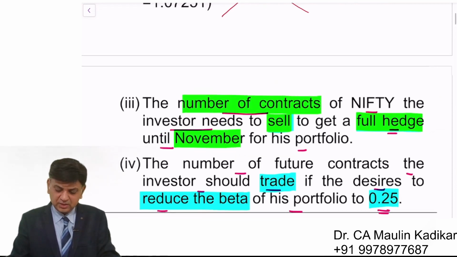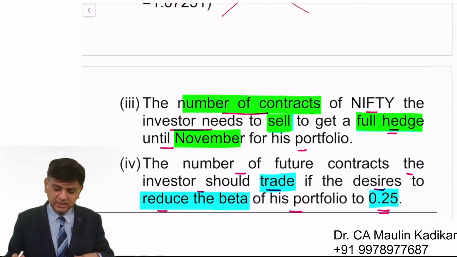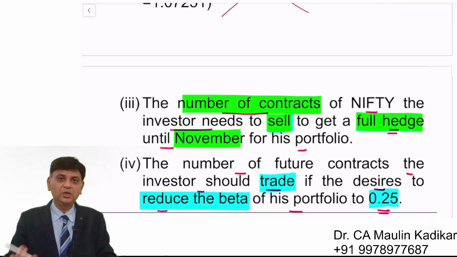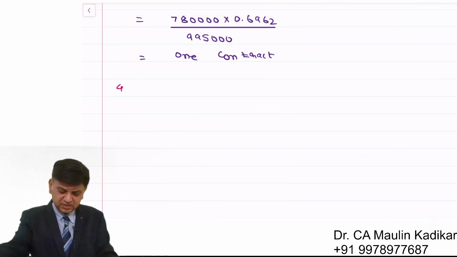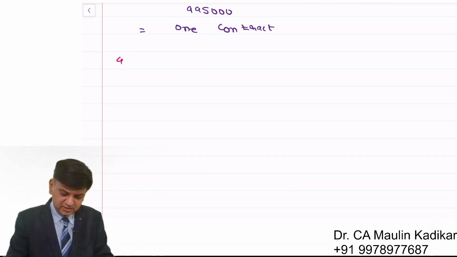Dear students, over here the question is not providing, let's say you want to hedge your portfolio for October or for November. So over here on a safer side, I am writing answer by both the methods. Write down answer.